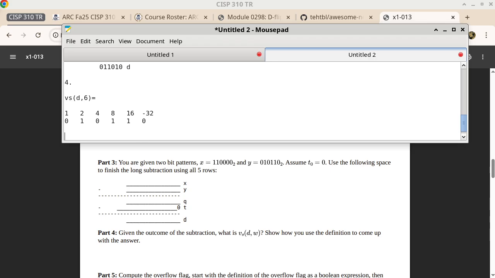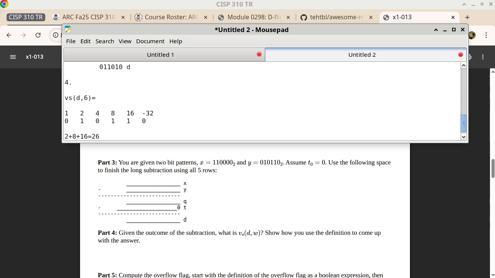Now when you add up all the powers of 2 that have a 1 corresponding to them, that would be 2 plus 8 plus 16, and that is 26. Yes, 26. That would be a perfectly acceptable answer for part 4. Are we good so far?